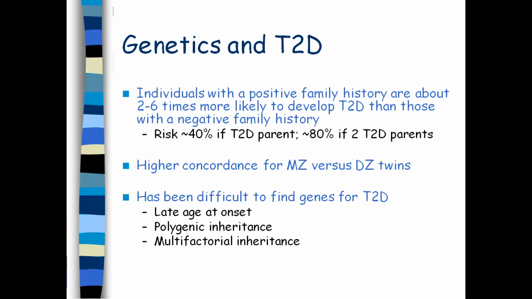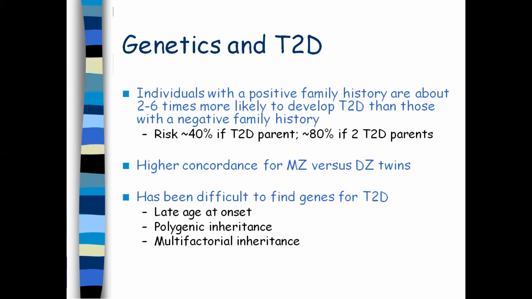For this, the risk is approximately 40%. And if parents are suffering from diabetes, the chance of development of type 2 diabetes in their children is approximately 80% if one of the parents is suffering from diabetes.